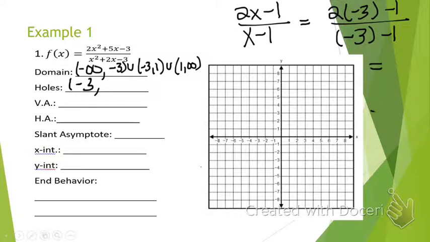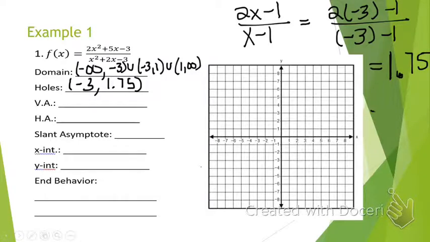Well, if you said 1.75, then you are correct. How did I get that? 2 times negative 3 minus 1 is negative 7, and then negative 3 minus 1 is negative 4. 7 divided by 4 is 1.75. So my y coordinate will be 1.75.